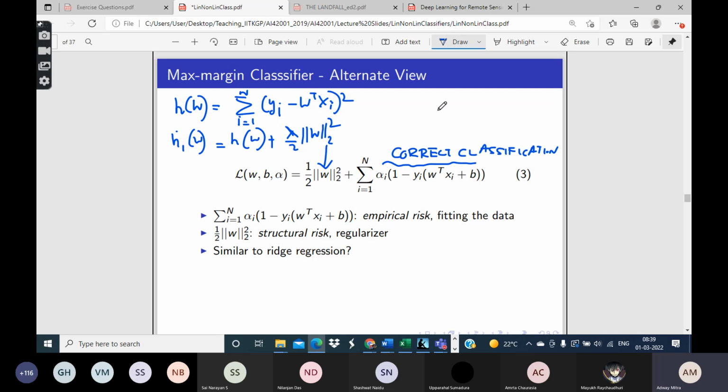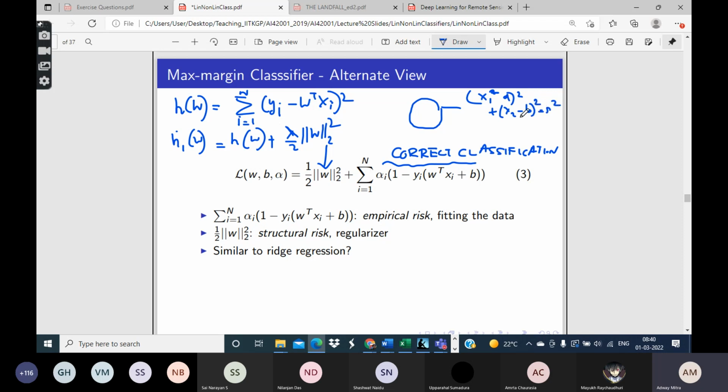It's like saying there is a circle, and all the values remain within the circle. Normally the equation of a circle, as we know, is (x1 minus a) square plus (x2 minus b) square equal to r square.